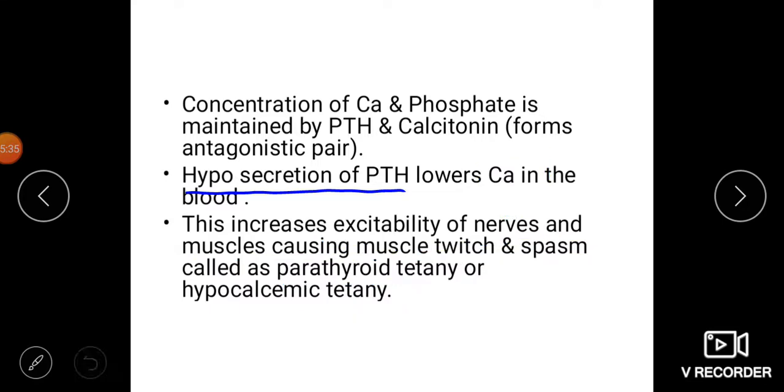Hypocalcemic tetany arises due to the lesser level of calcium in the blood. Why is the calcium level less? Because the amount of parathyroid hormone is less.